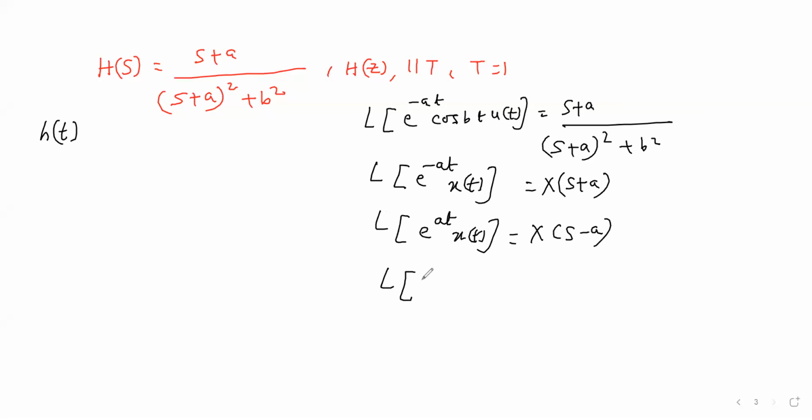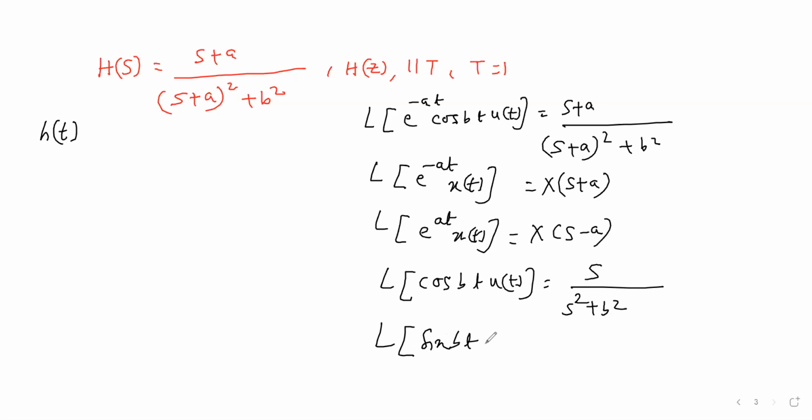These are the formulas. Laplace of cos bt u(t) is s by s square plus b square. Laplace of sin bt u(t) is b by s square plus b square. You should go through the Laplace transform so that you get all these formulas.